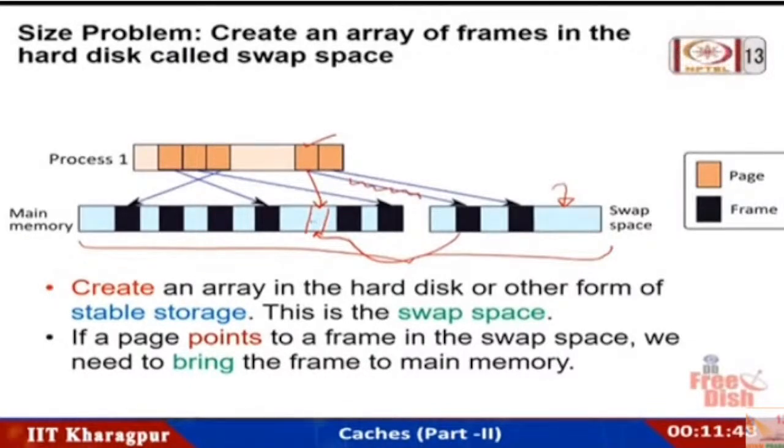This process of replacement, called page replacement, is done by the operating system. So this is also where the operating system plays a key role as a memory manager. But otherwise, the operating system's role is not required if the frame is coming from main memory. To manage the swap space, the operating system is required.